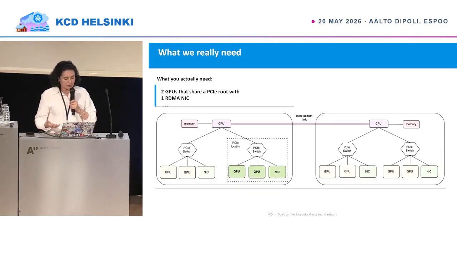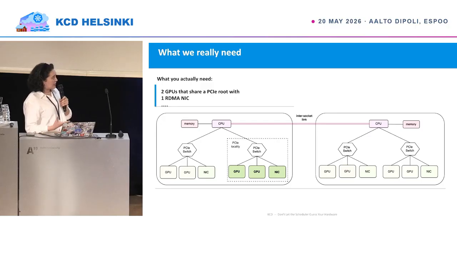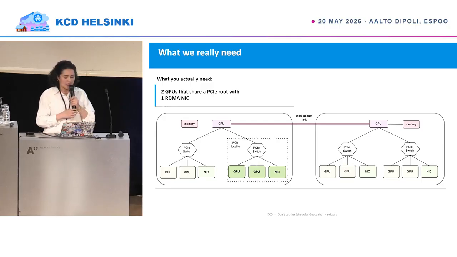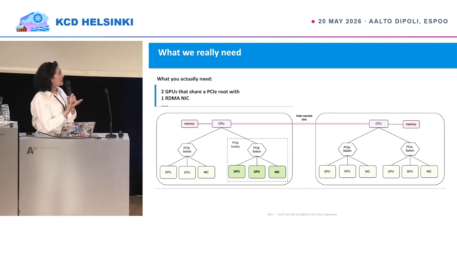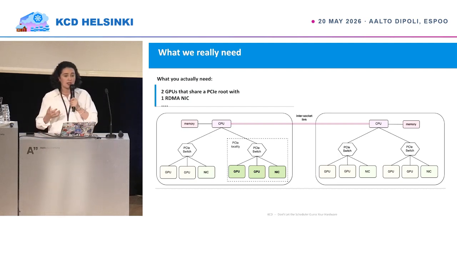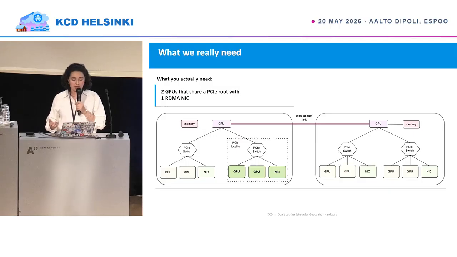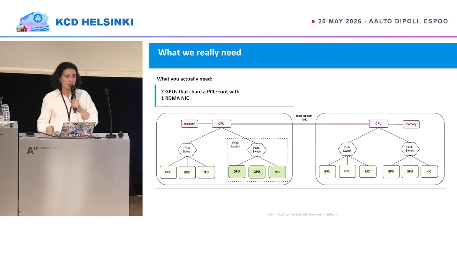What we really need to express is: give me two GPUs that are in the same PCIe root with the NIC. And this sentence does not have any representation in the device plugin semantics today. The Kubernetes scheduler still picks one of the nodes with valid counters, places the pod there, and that's it.